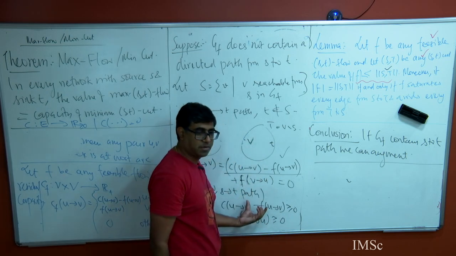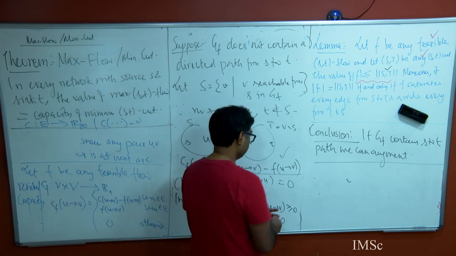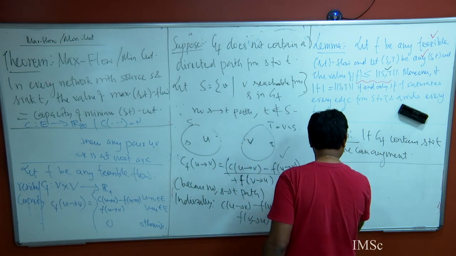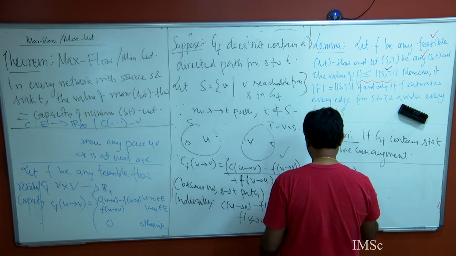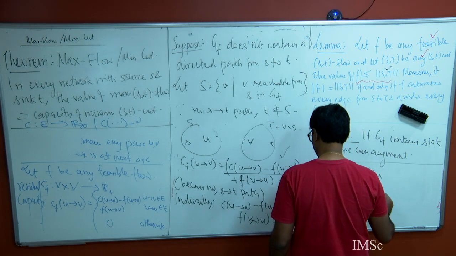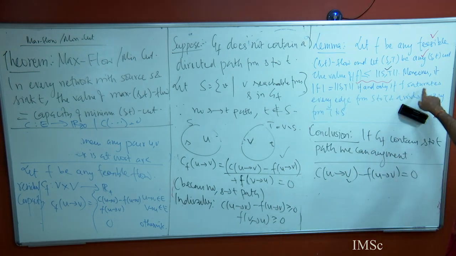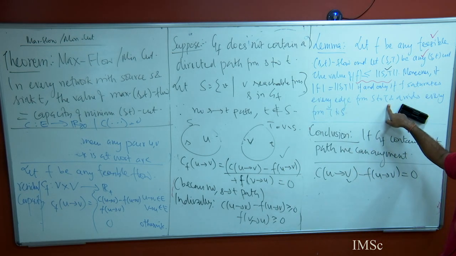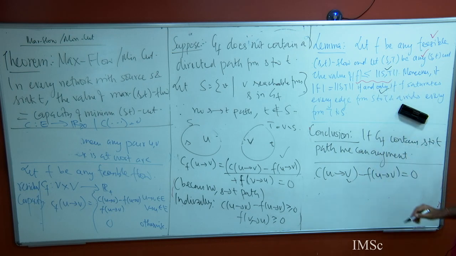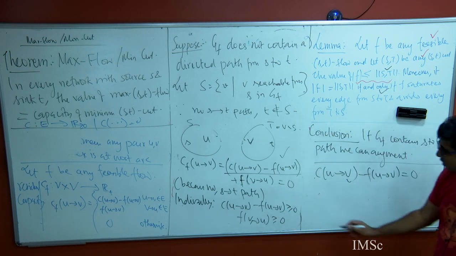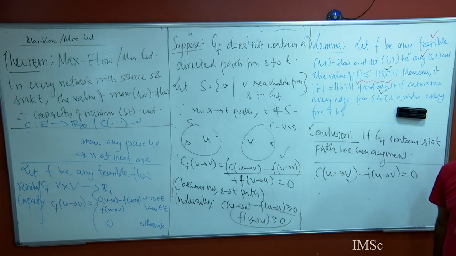But their sum is 0. It implies capacity(U, V) minus f(U to V) is equal to 0, which means f saturates every edge from S to T, and avoids every edge from T to S because this quantity is also equal to 0.